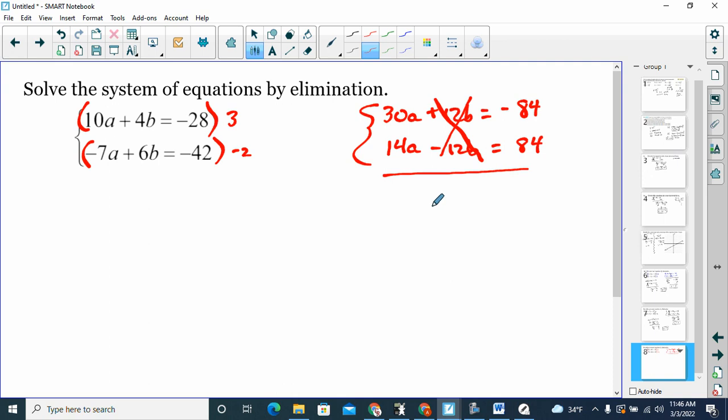That's what we wanted. 30 plus 14 is 44a equals negative 84 plus 84. That's 0. Dividing both sides by 44, 0 divided by any number is indeed 0. A equals 0.